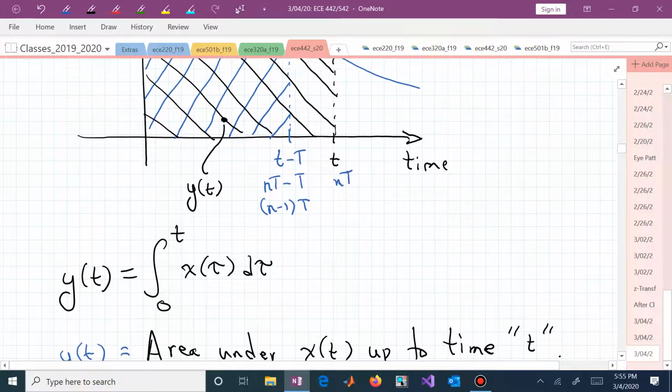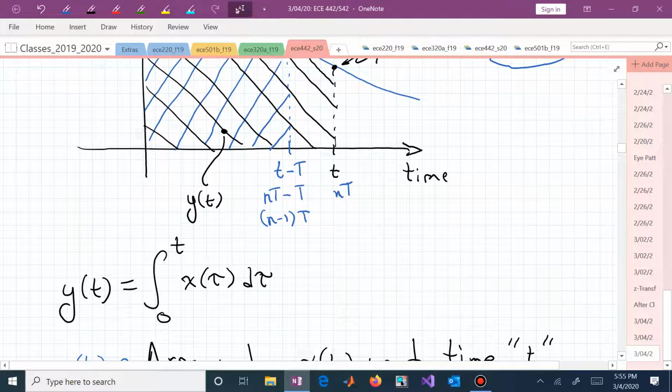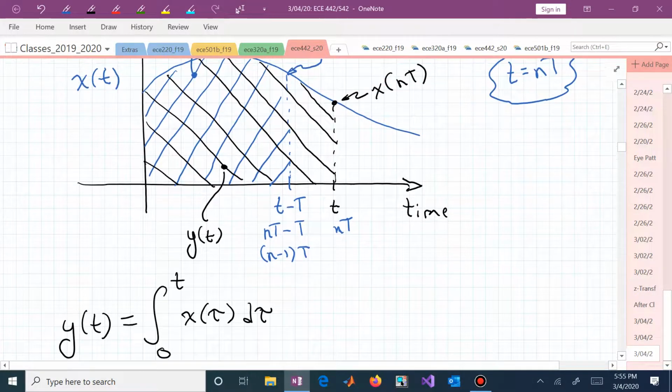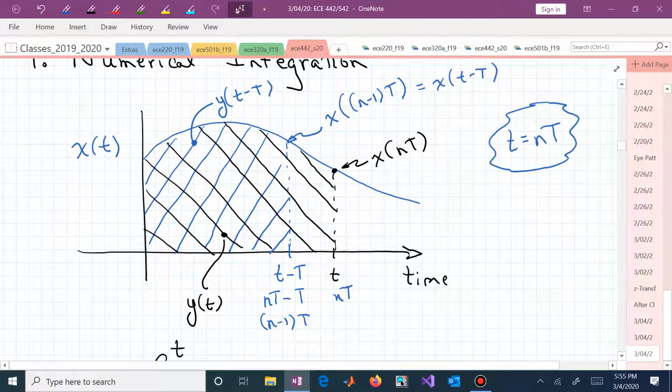That's how we've defined y of t. And maybe to be consistent, I should make that black.